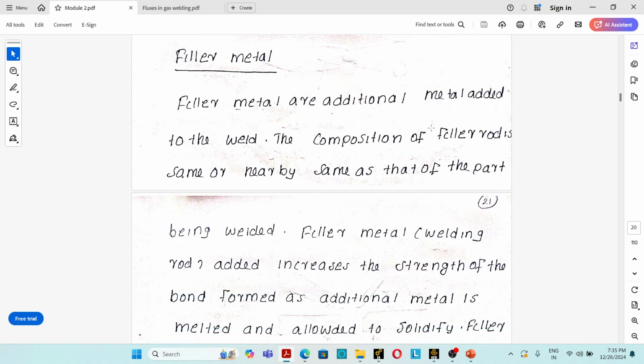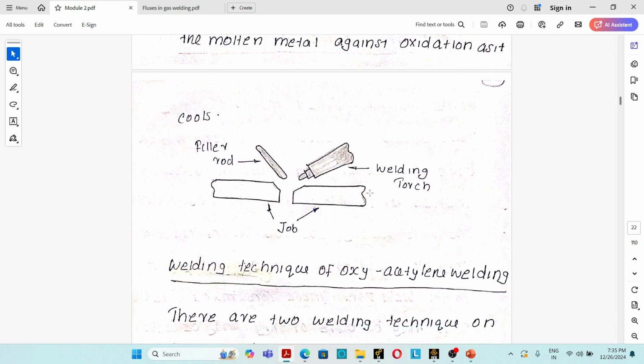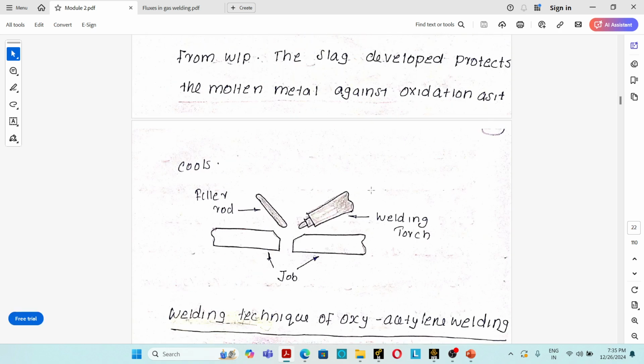So next is the filler material used in the oxy gas welding process.